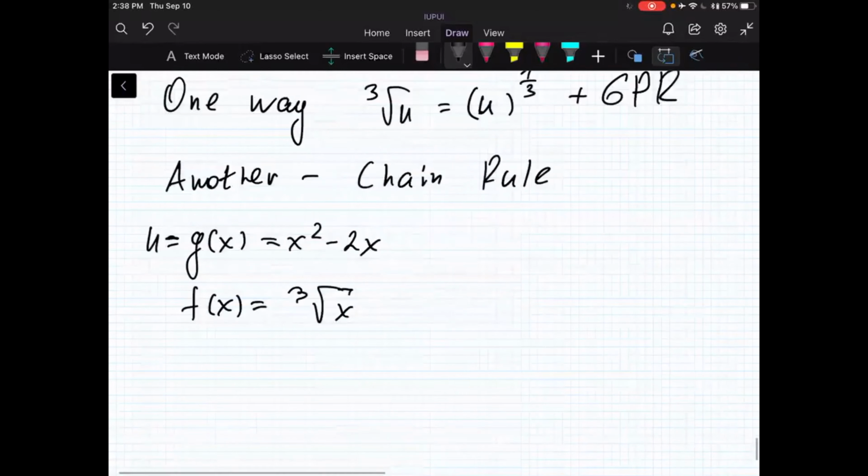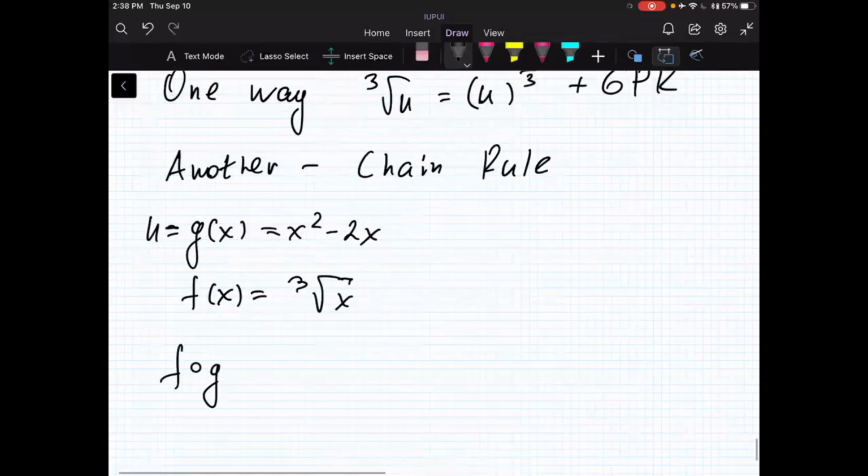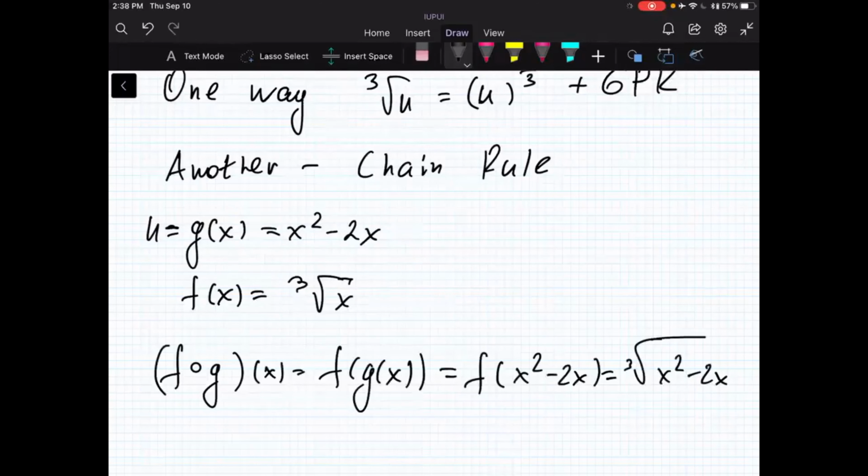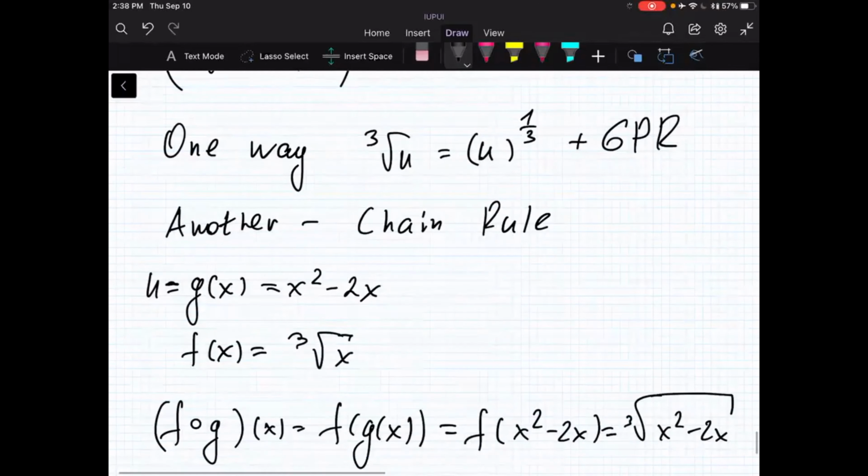Then the composition of f and g at point x is f of g of x. This is just the definition of the composition of two functions. And this is f evaluated at x squared minus 2x, which is the third root of x squared minus 2x. So indeed, it is the function that we want to differentiate.